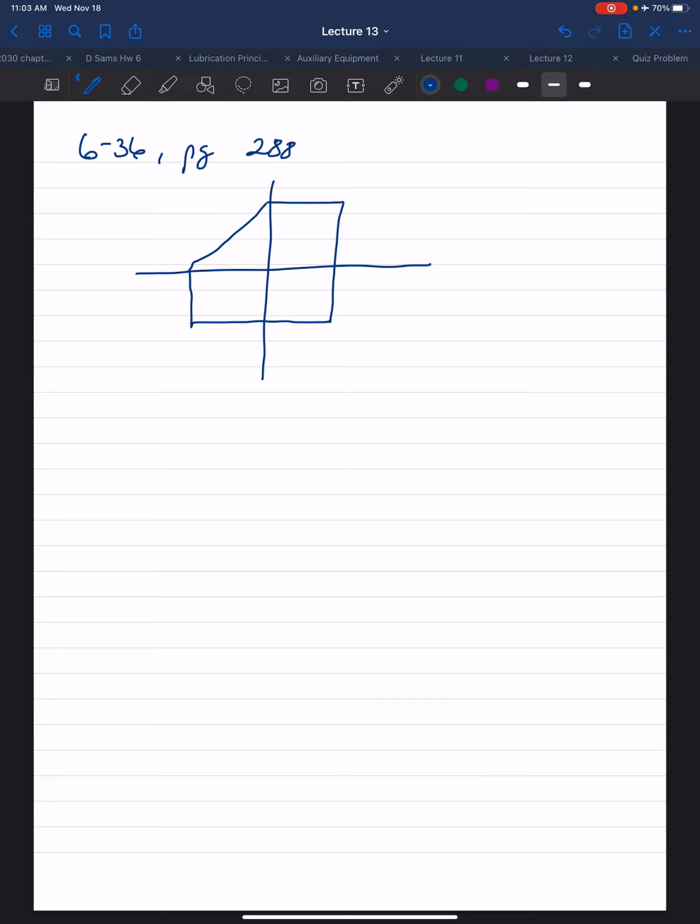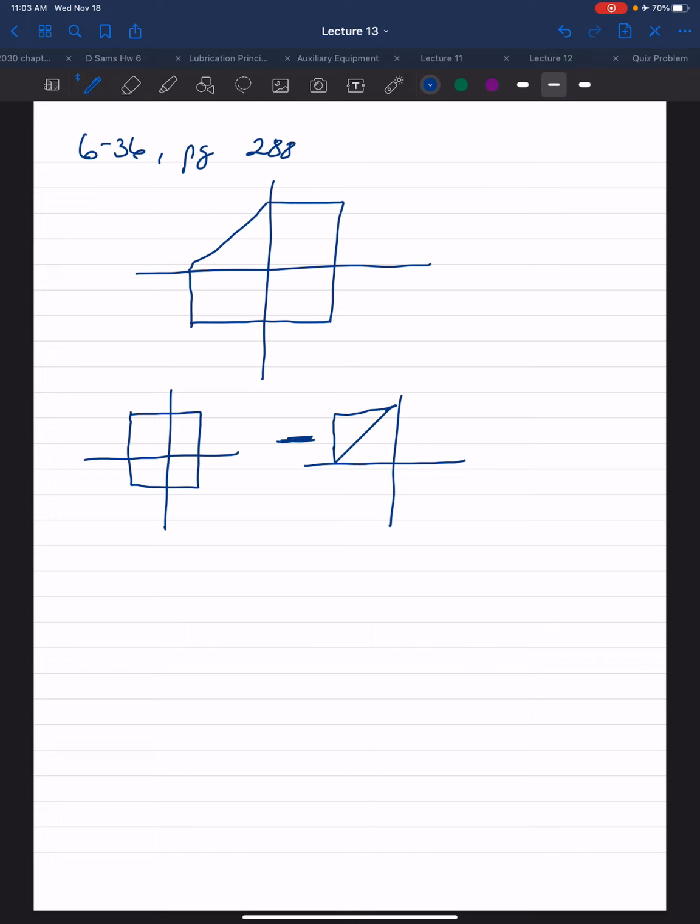So we can automatically see here that this can be modeled as a square, every side is 6 inches, minus a triangle.